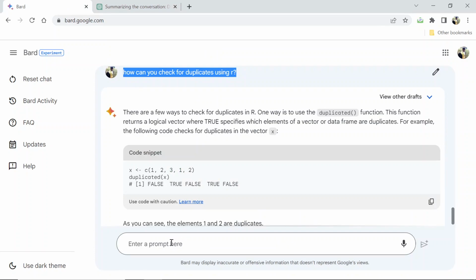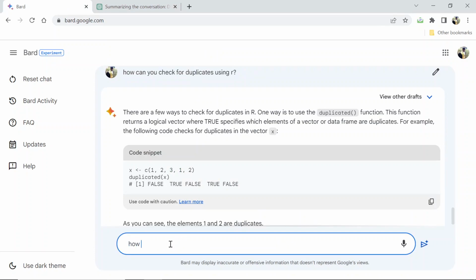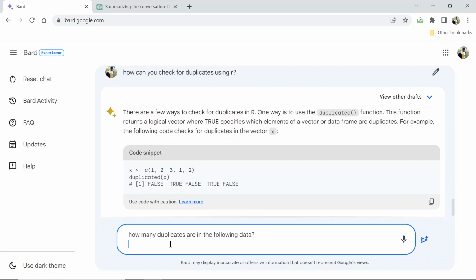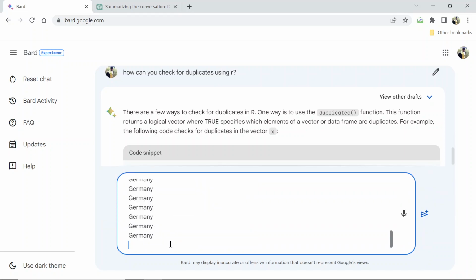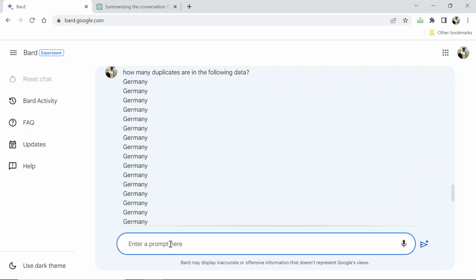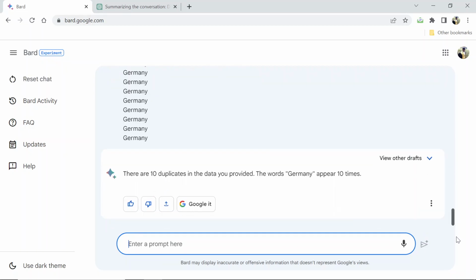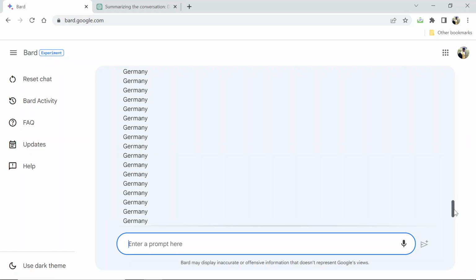Let me ask BARD how many duplicates are in the following data. It says 10 duplicates. Are you sure?